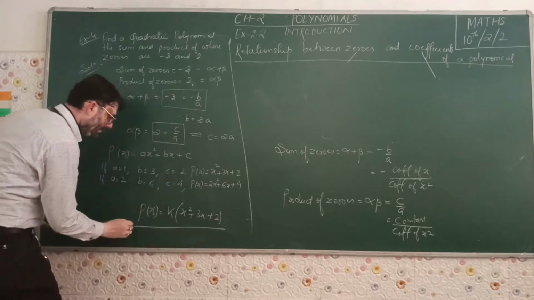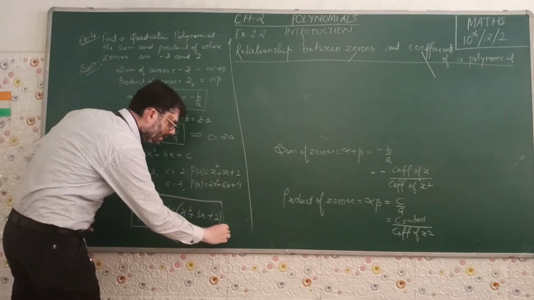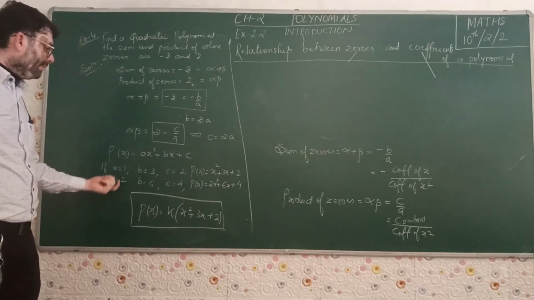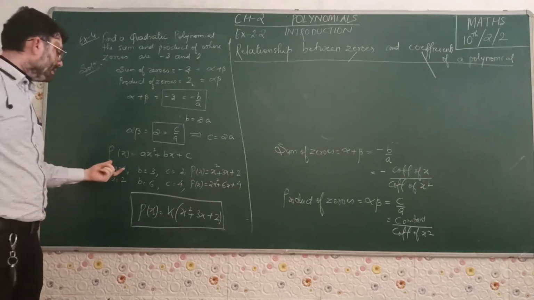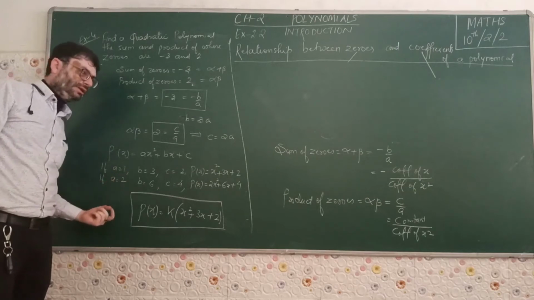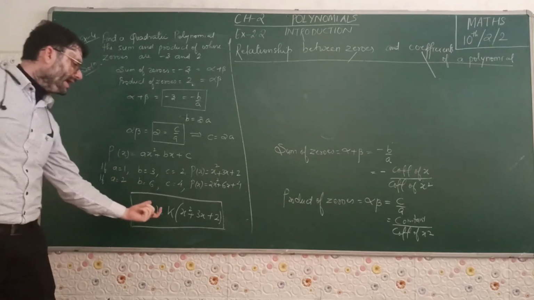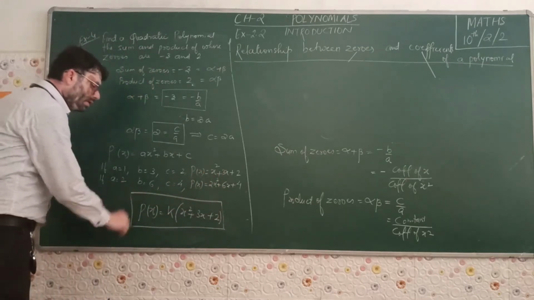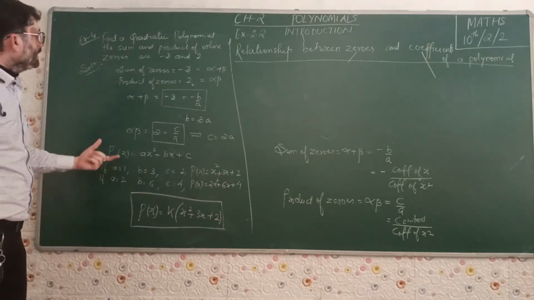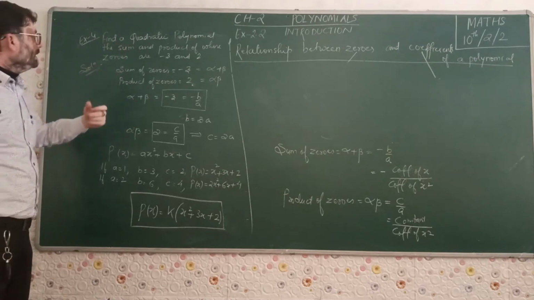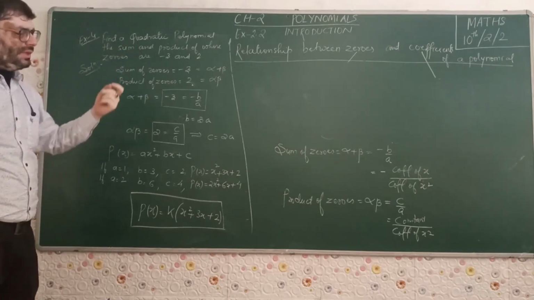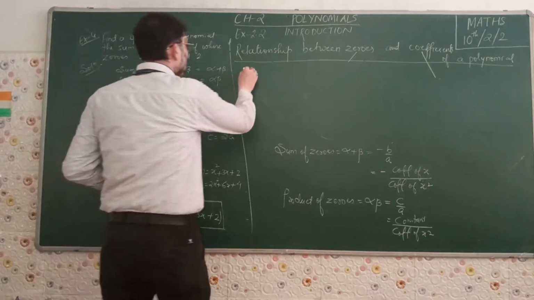This will be our required polynomial that completely depends upon the value of a that is changing continuously, either 1, if you take 2, if you take 3, if you take k, then it becomes k times of x squared plus 3x plus 2. So this is one method of obtaining the quadratic polynomial when the sum and product of zeros are given to us. There is another method also, that is what we call the alternative method.